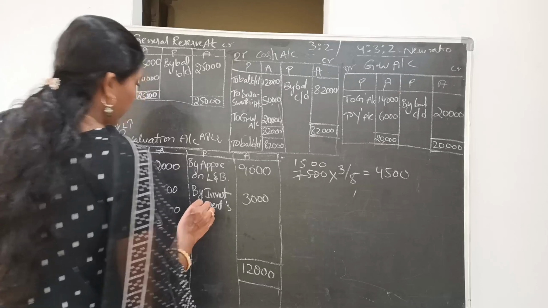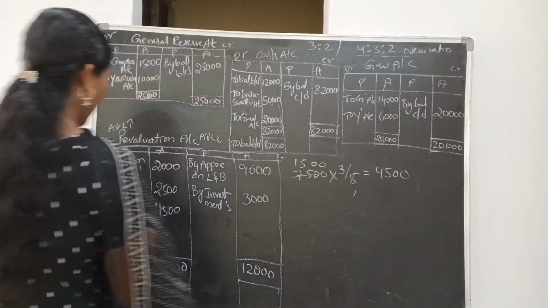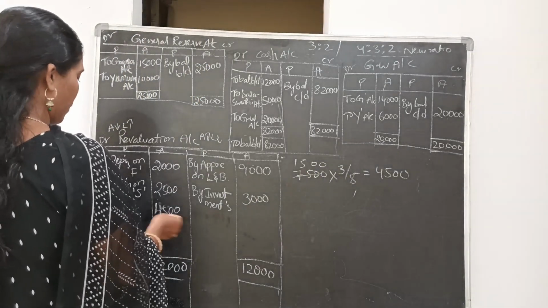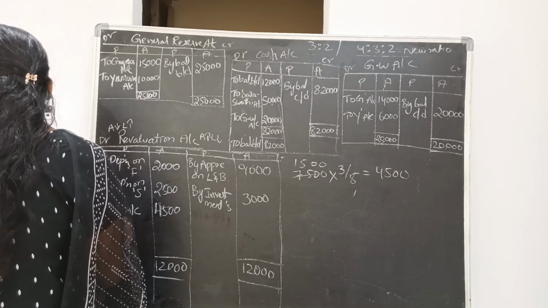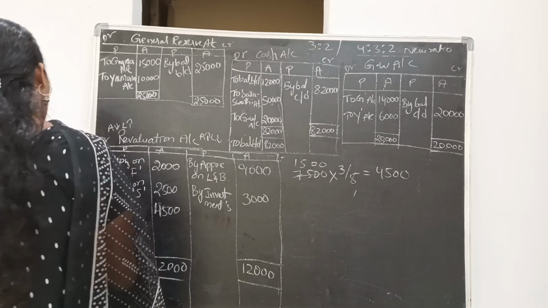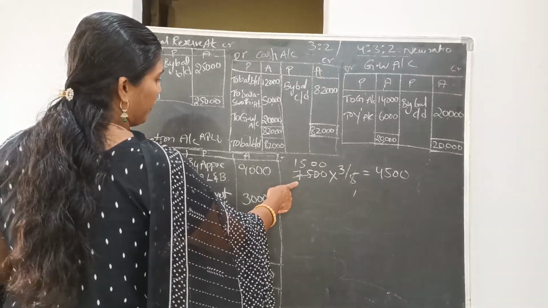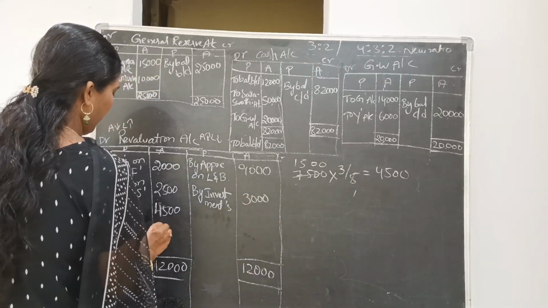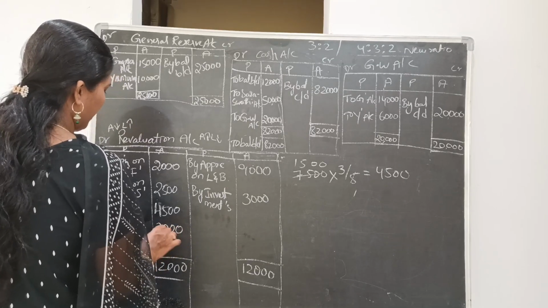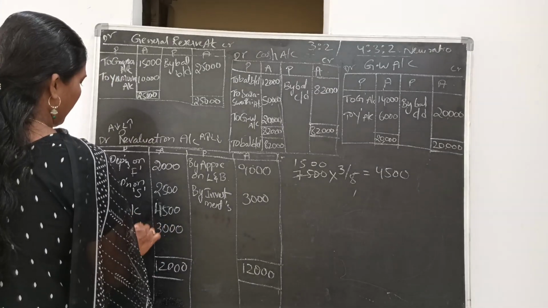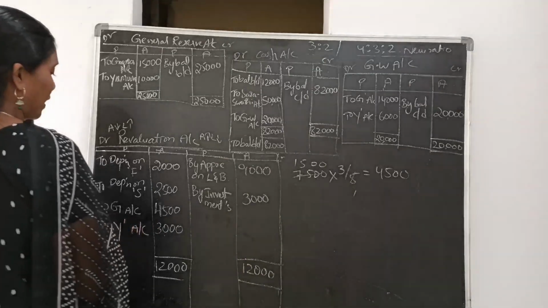Now deduct 4,500 from 7,500, remaining is 3,000. 3,000 is transferred to Yamuna's capital account.